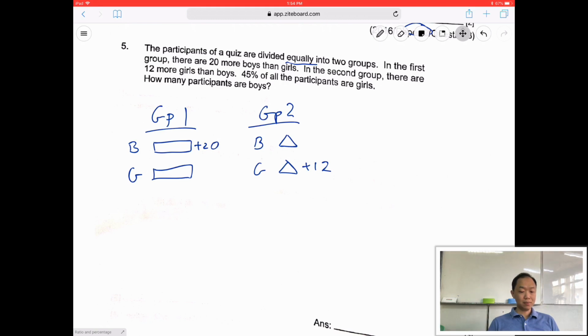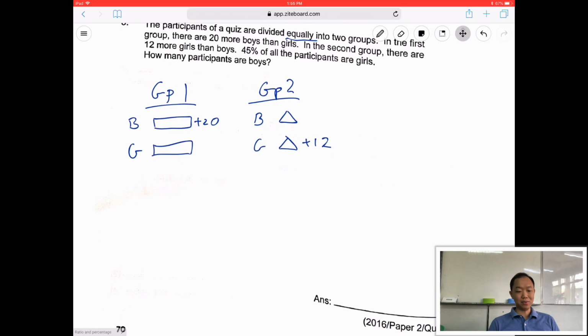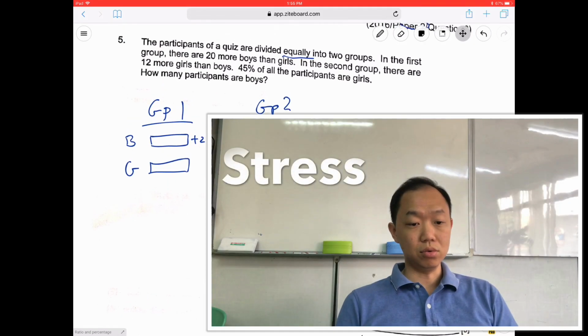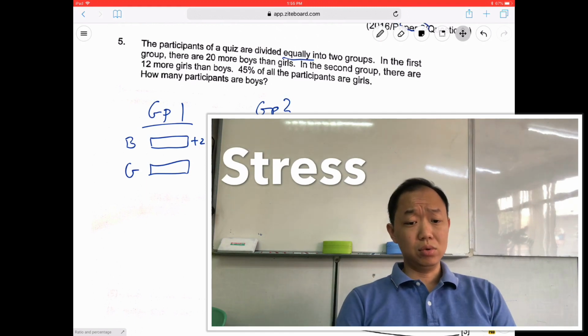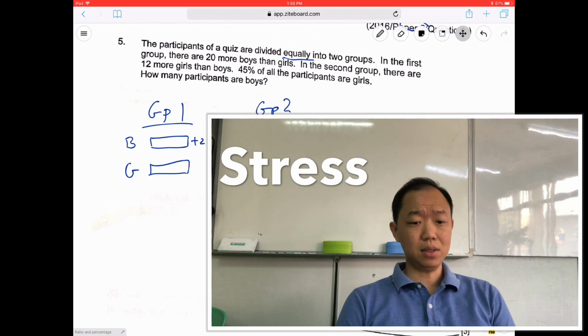That means rectangle plus triangle plus 12 is equal to 45%. Okay, let me try and think what is the fastest way we can solve this without having to crack our head. The participants are going to divide equally into 2 groups. Group 1, group 2.